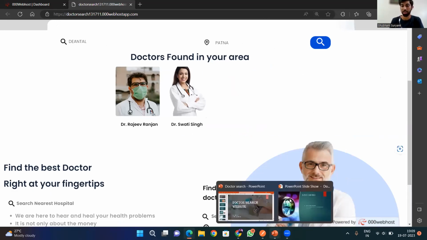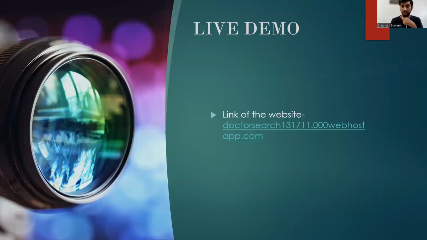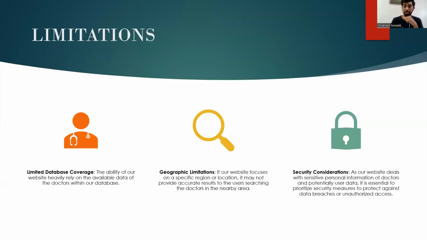So now coming back to the presentation part. Coming to the limitations which our website faces, first of all, it has limited database coverage. That means we can fetch only the doctors whose data is in our database. We cannot get any idea about doctors who have not been listed in our database.